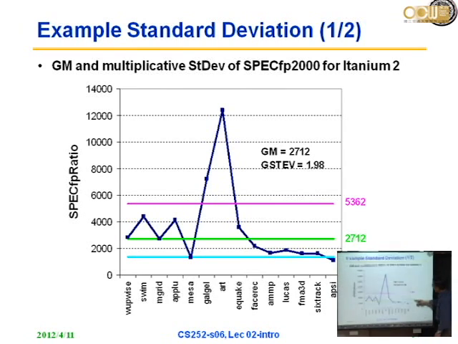This is the mean, and this is the standard deviation. Sometimes its performance is much better, sometimes it is worse. See, these two points fall outside of the range of standard deviation.